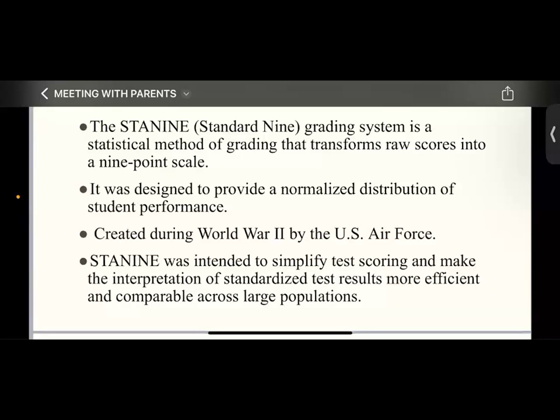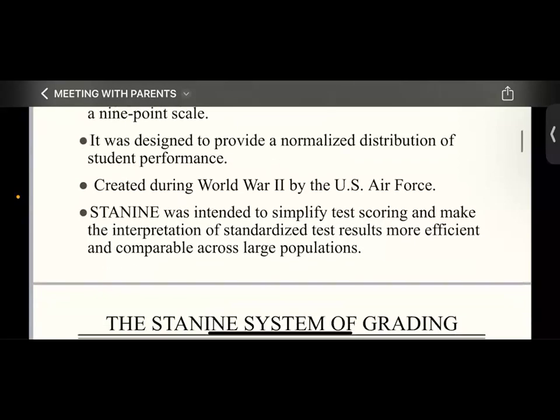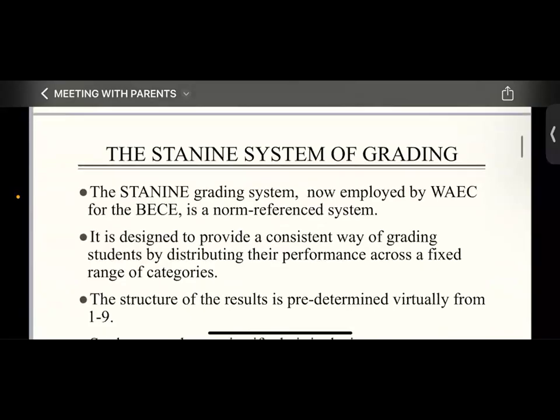So it was intended to simplify test scoring and make the interpretation of standardized test results more efficient and comparable across large populations.